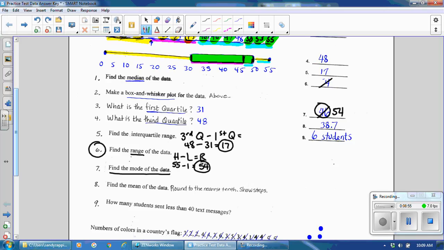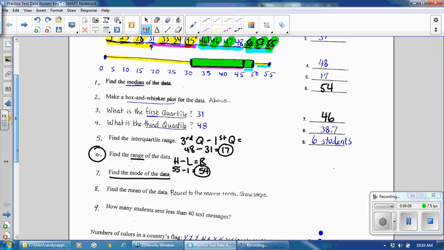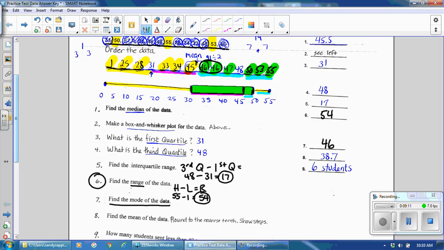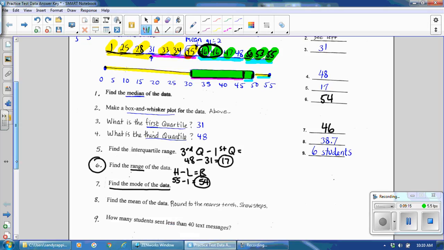Oh, you know what? That was probably a 54 right here. All right, let's go back and fix that. 54. And then the mode of the data was 46. The mode is the number that appears most in the set of data, and 46 appears twice, and no other number appears twice. So 46 is the mode.